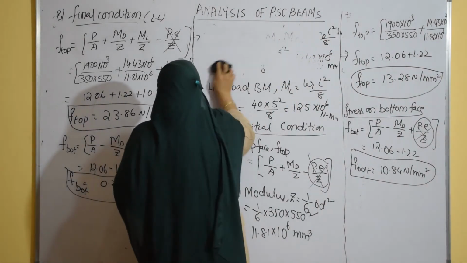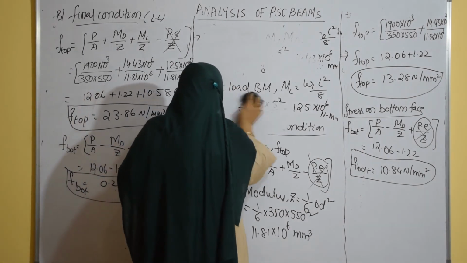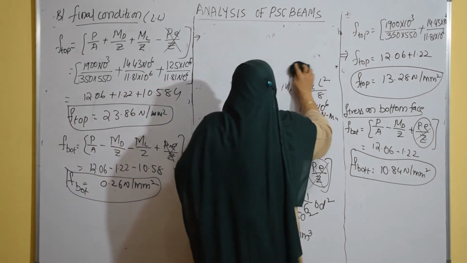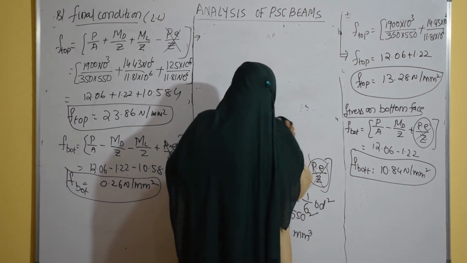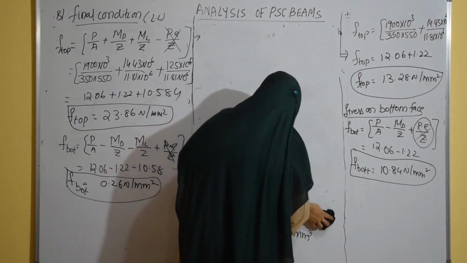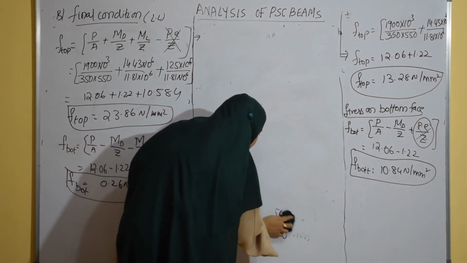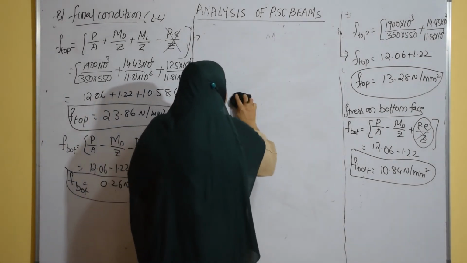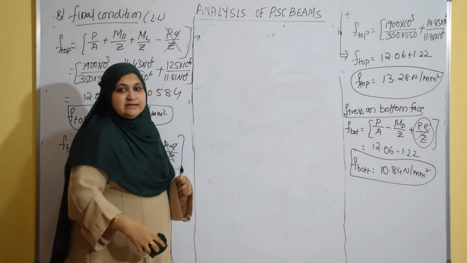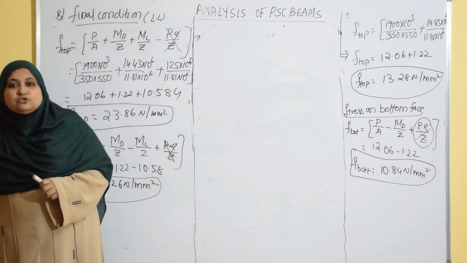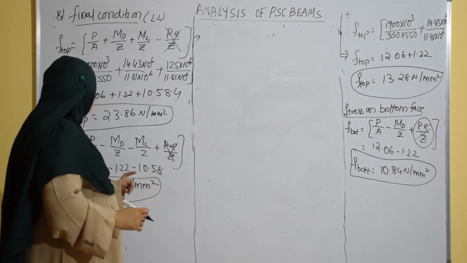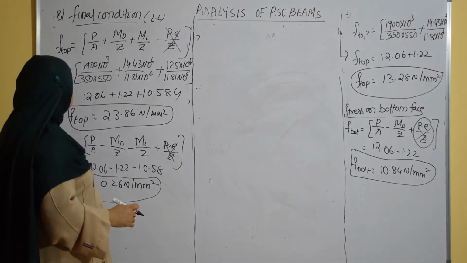Stress diagram. Sketch the stress diagram. So all the four components, that is P by A, MD by Z. So we cannot show the initial condition as well as the final condition stresses, right? We'll just show final stress conditions. So these are the final stress conditions.